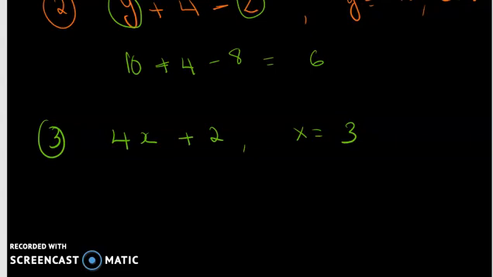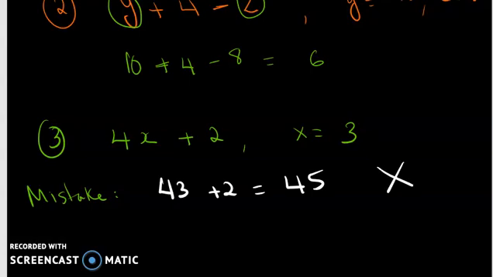People are likely to make mistakes. Here is a mistake that people are likely to make. Somebody will take 3 and put it where x is. So somebody will tell you that when you substitute in 3 for x, you will have 43 plus 2, and that will give you 45.